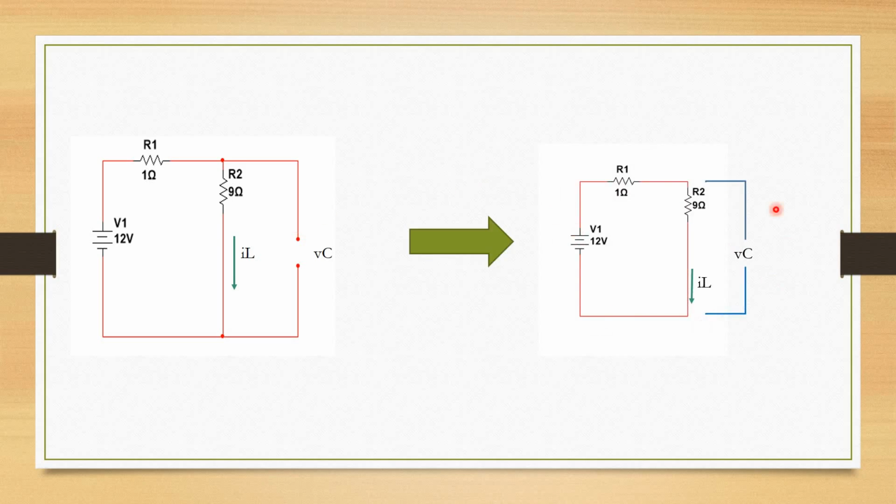From here we can see there is no current or voltage flowing over here, so I'm going to take out this part. After we take out this part, we can see that VC is equal to the voltage across R2 and the IL is equal to I total.